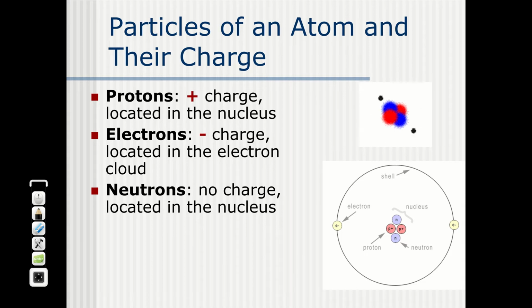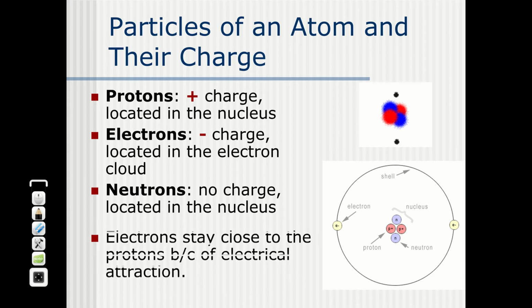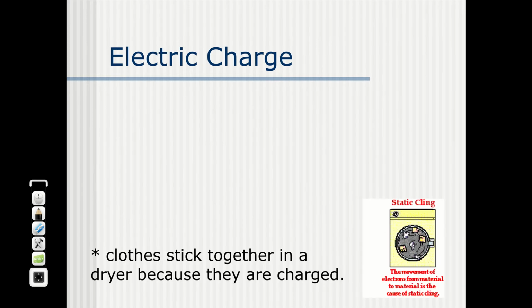Protons and neutrons are in the nucleus, and the electrons are moving around on the outside. So they're getting their charge from their protons and electrons, but it's mainly the electrons that are moving between objects. They stay close to protons because they are attracted to the positive, but they are on the outside. They are what we can manipulate without changing what the substance is.